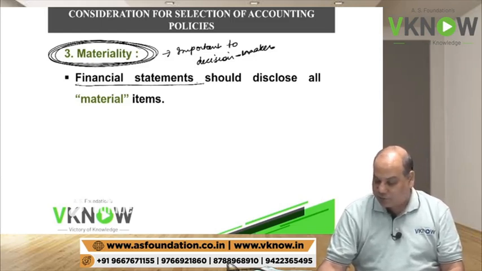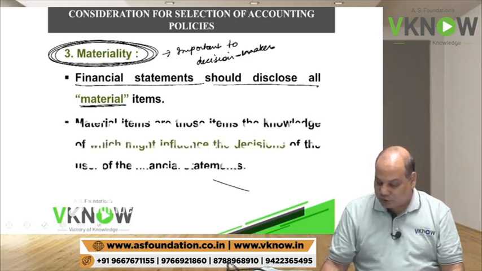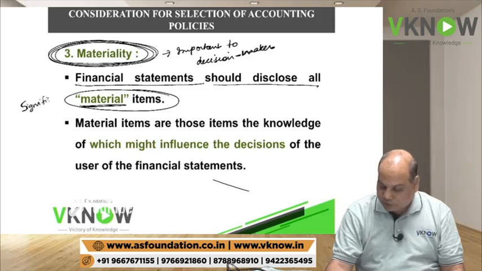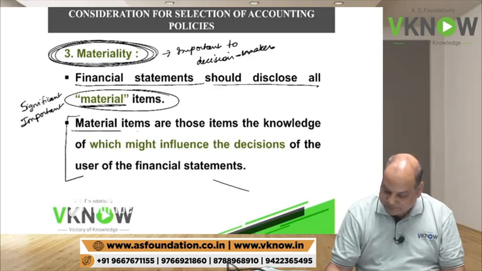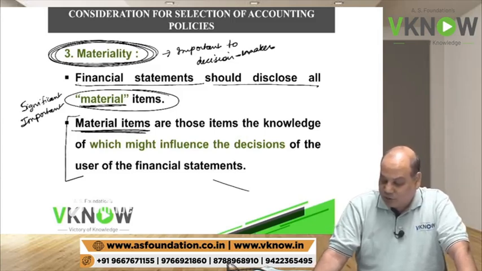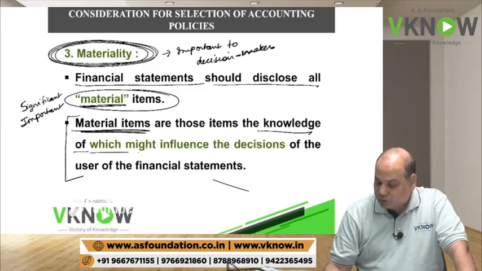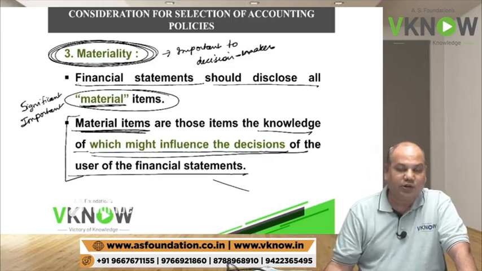So our standard says financial statements should disclose all material items. Now the question will be, what is a material item? Material means significant or important. Significant items are those items the knowledge of which might influence the decision of the users of the financial statement.